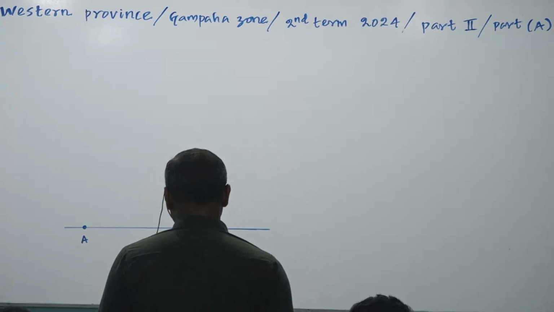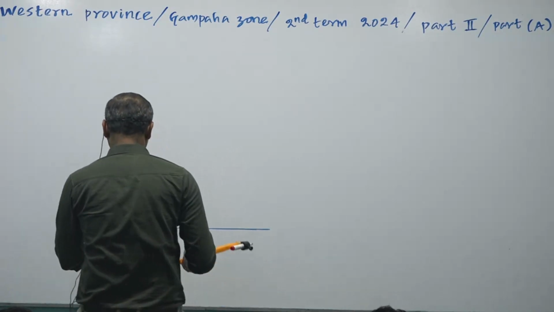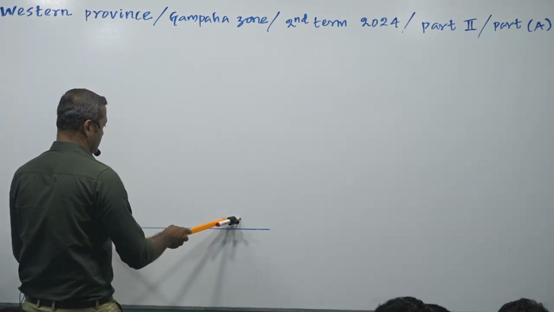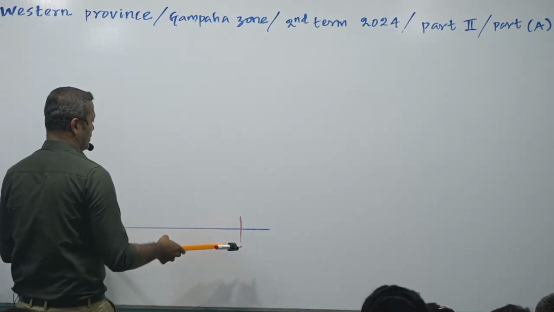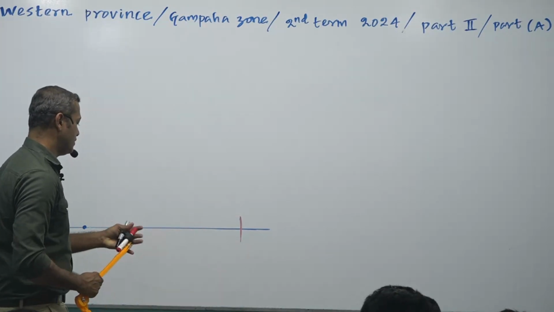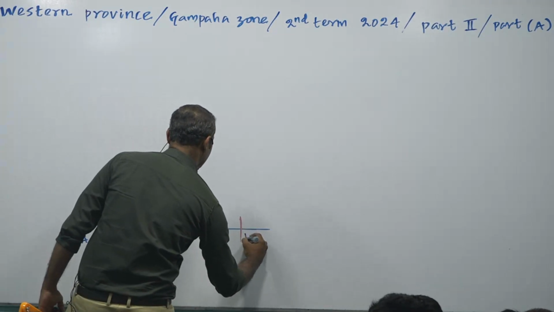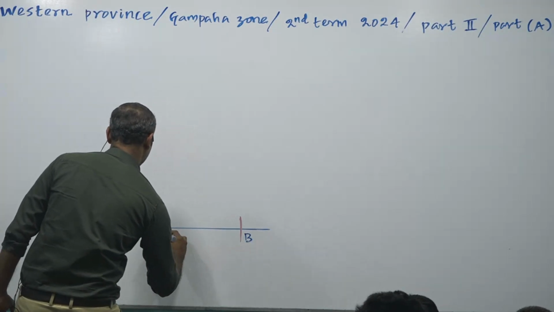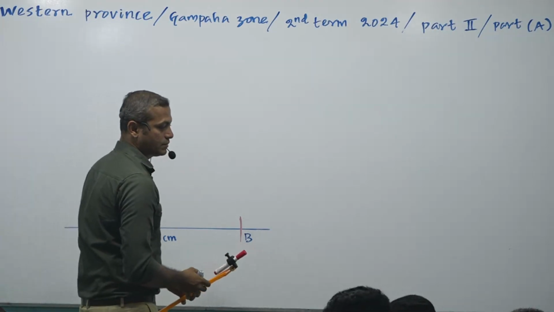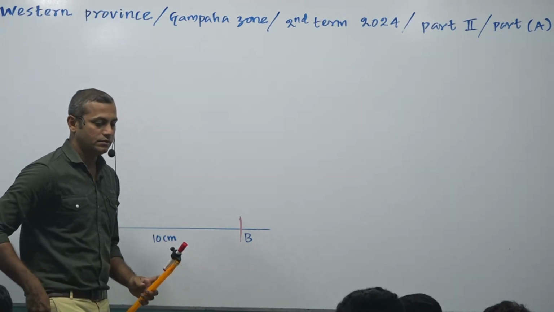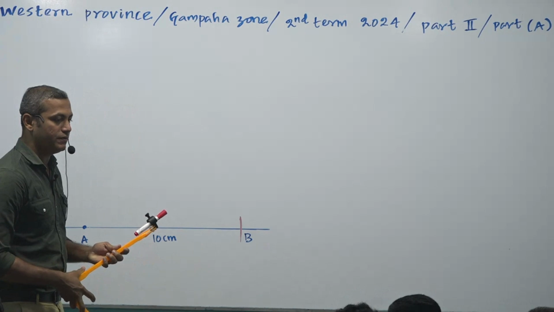Okay, measure 10 centimeter in the compass and have a cut like this. Name it as B. Then a 90 degree angle at B, no?